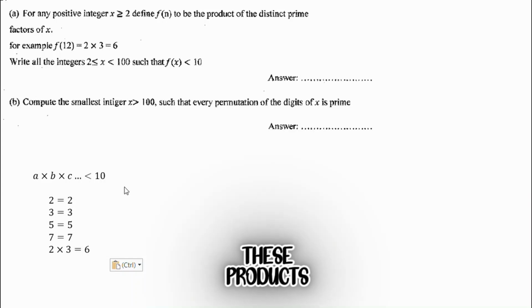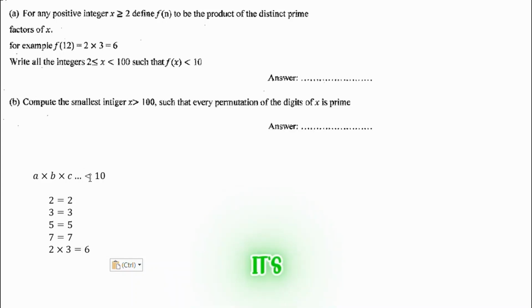So these products are the only products possible for this inequality: 2, 3, 5, 7, and 2 times 3. Now 2 times 5 looks like a solution, but this doesn't have the equal sign. Instead, it's just less than. So we can't take 5 times 2.